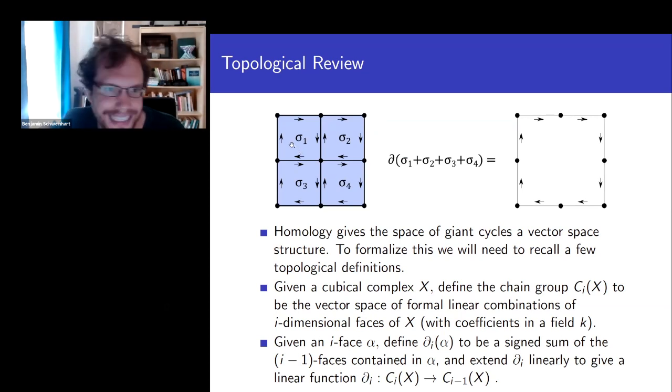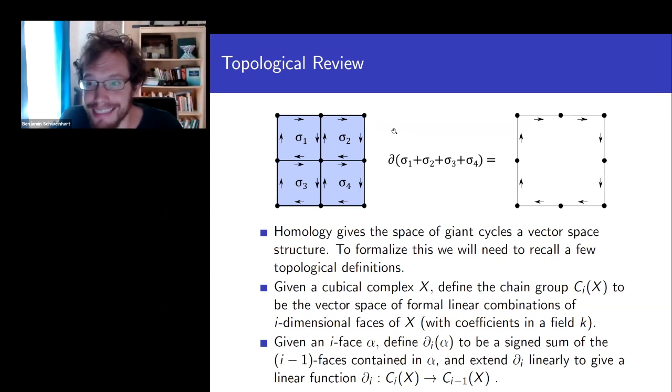The boundary of sigma 1 will be this edge plus this edge plus this edge plus this edge. When we add the boundary of sigma 2, this is going to be the opposite edge, so it cancels out. So you'll see that the boundary of the sum of these four 2-cells is just the boundary of the big square that's their union, like this.